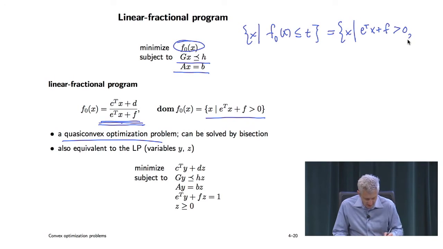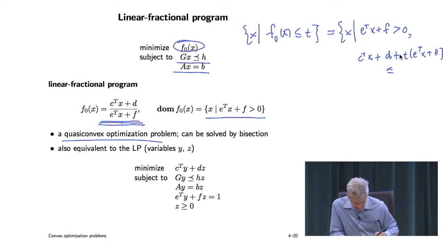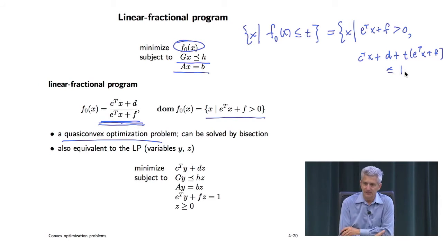And I clear it, and I get C transpose x plus D less than or equal to t times E transpose x plus F, in this case, and that's less than 1.